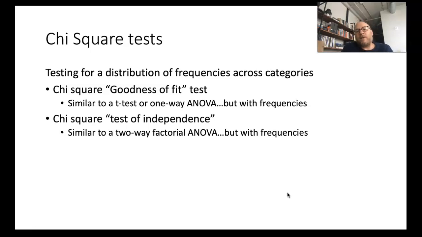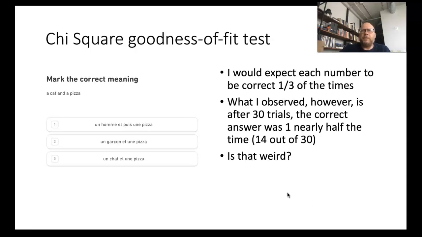It's a little bit more like a factorial ANOVA, with multiple categories of things. But they both have the exact same chi-square table and the exact same formula for chi-square. So after having done factorial ANOVA, this is going to be really easy. So let me tell you about what I did.